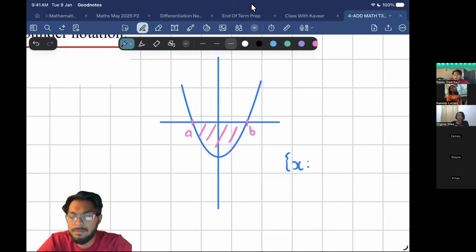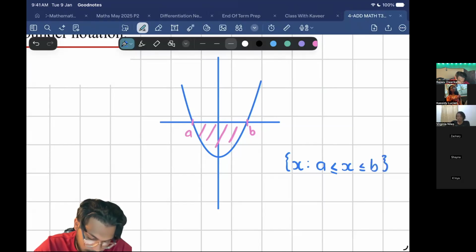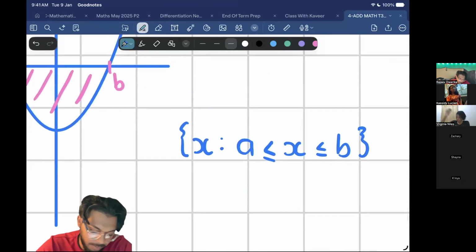So it's between, so will it be A is less than or equal to X, but less than or equal to B? Yeah. Okay, so I was close.